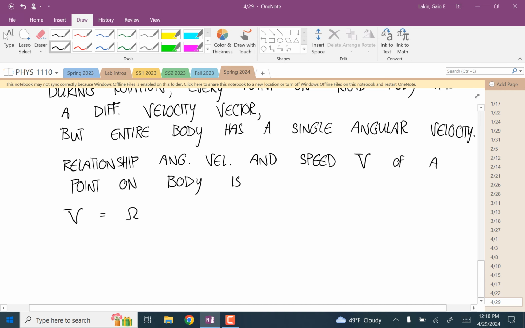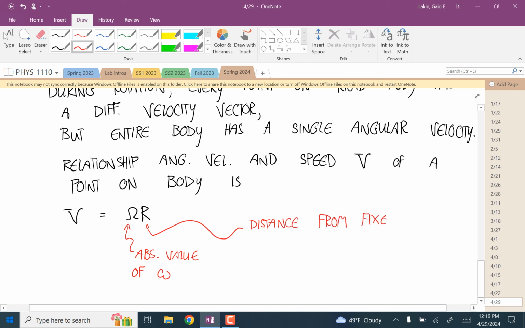I'm just going to put that as like a capital Omega times r. So this is the absolute value. Just drop the negative if there's a negative of the angular velocity. And r is the distance from the fixed point to the desired point.